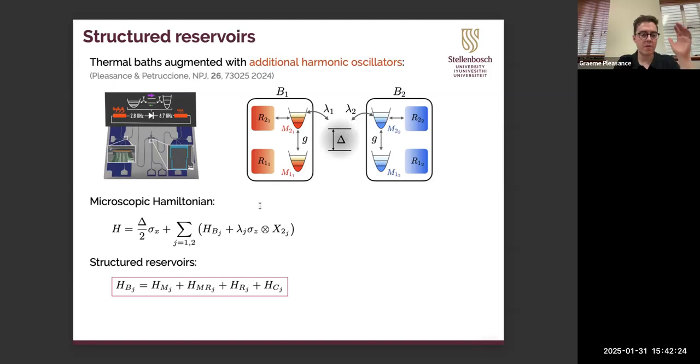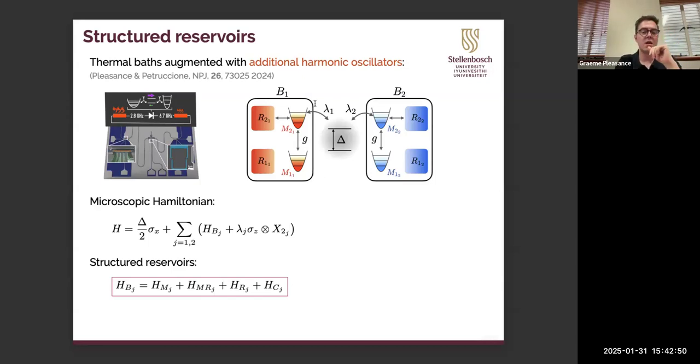We have a similar type of Hamiltonian to the previous models I mentioned, except now the bath Hamiltonian has this new intrinsic structure, which is represented in this diagram. You could ask why I'm interested in this particular setup, since it seems very particular.